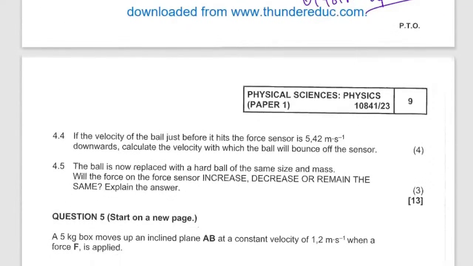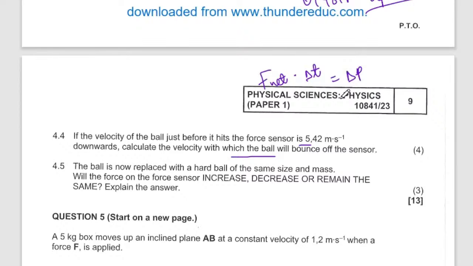All right, then if the velocity of the ball just before it hits the sensor is this, downwards, can we calculate the velocity with which it bounces off the sensor? Then you can use the F net formula. F net times delta t, that's the impulse, is equal to the change in momentum.